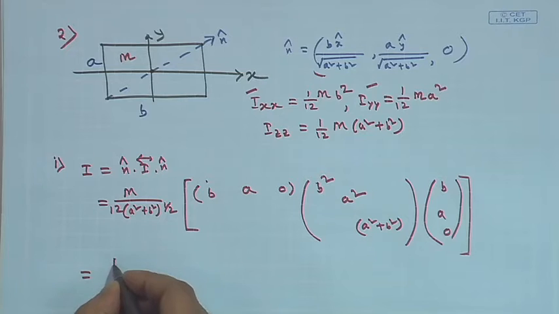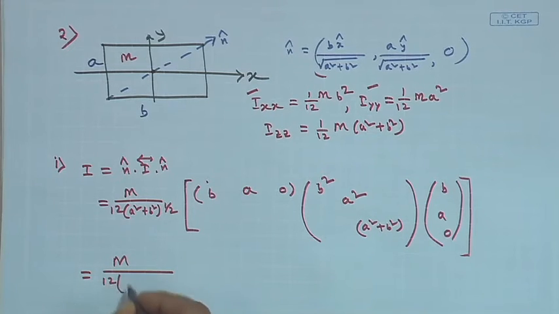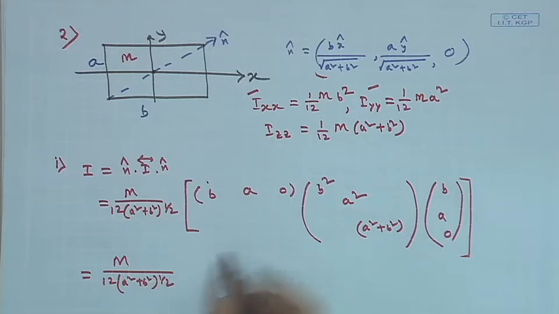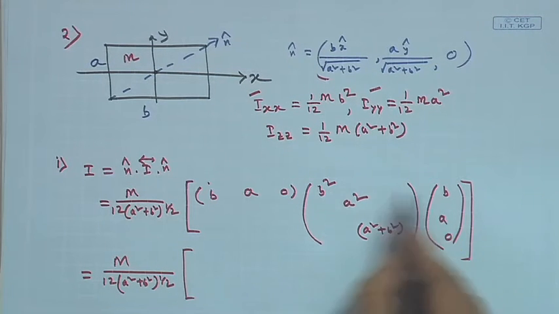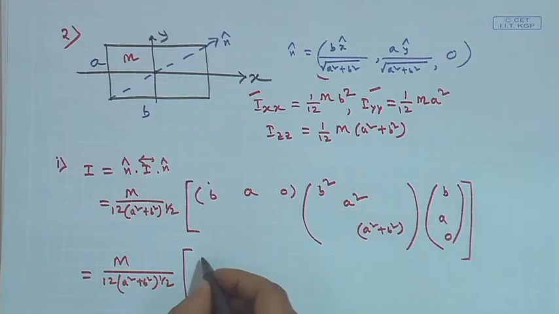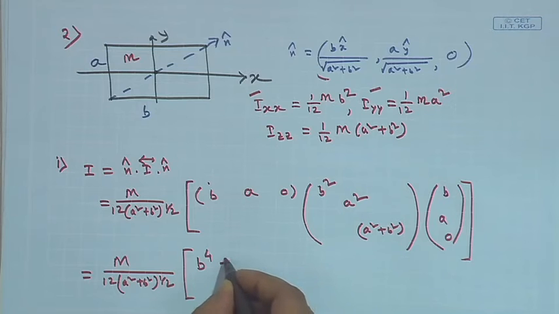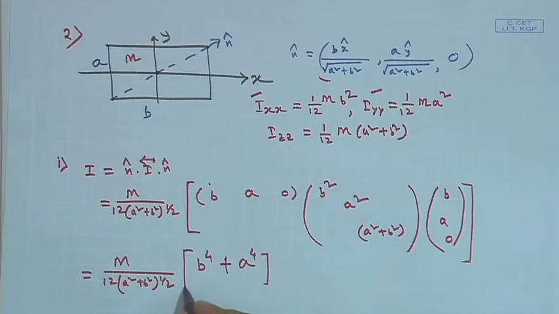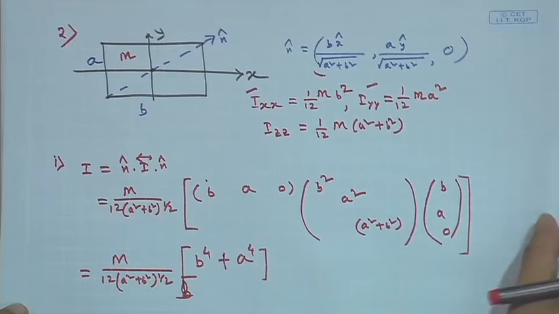So, if this is the case, now you see this one, it will give you b cubed a cubed 0. So finally the result will be b to the power 4 plus a to the power 4. So this is the result, and that's the answer to part 1.